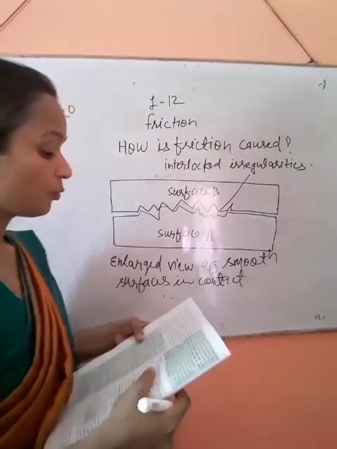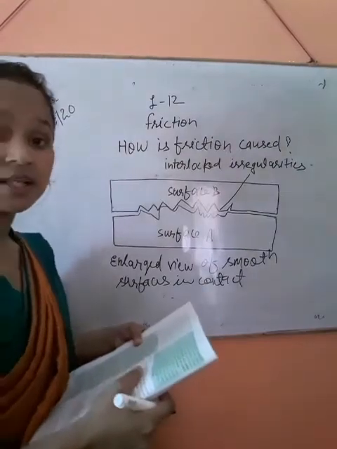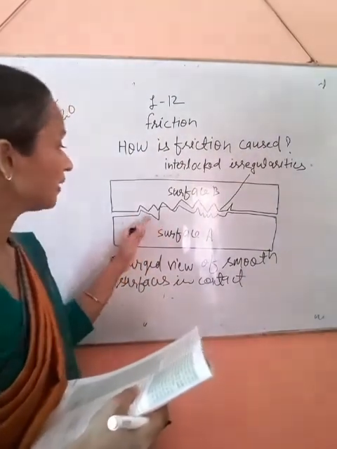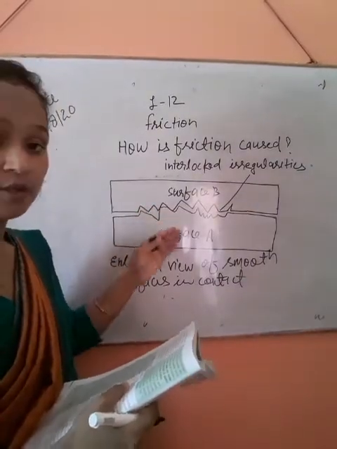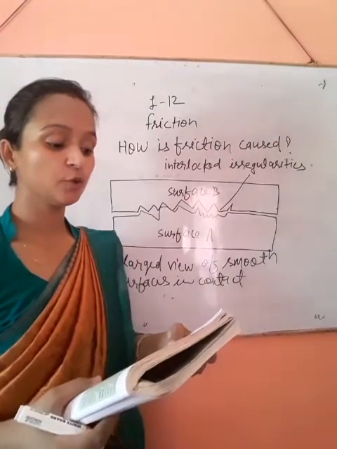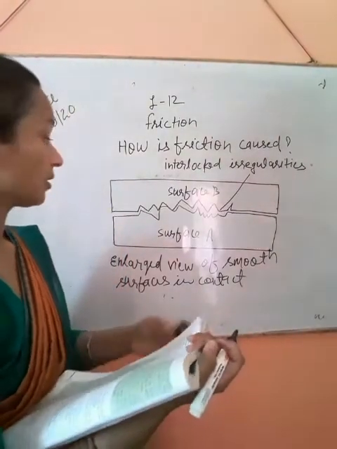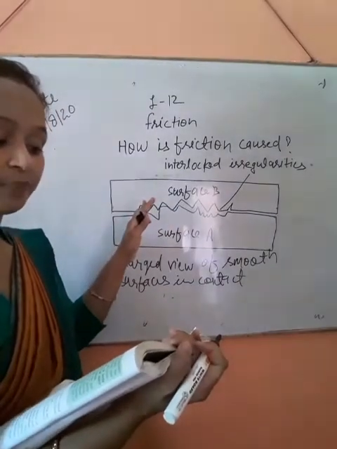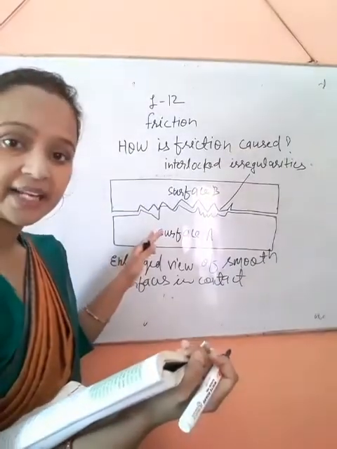And then when two bodies are placed upon one another, the irregularities of the surfaces of the two bodies get interlocked. You can see in the diagram that it is interlocked when two bodies are placed upon one another.